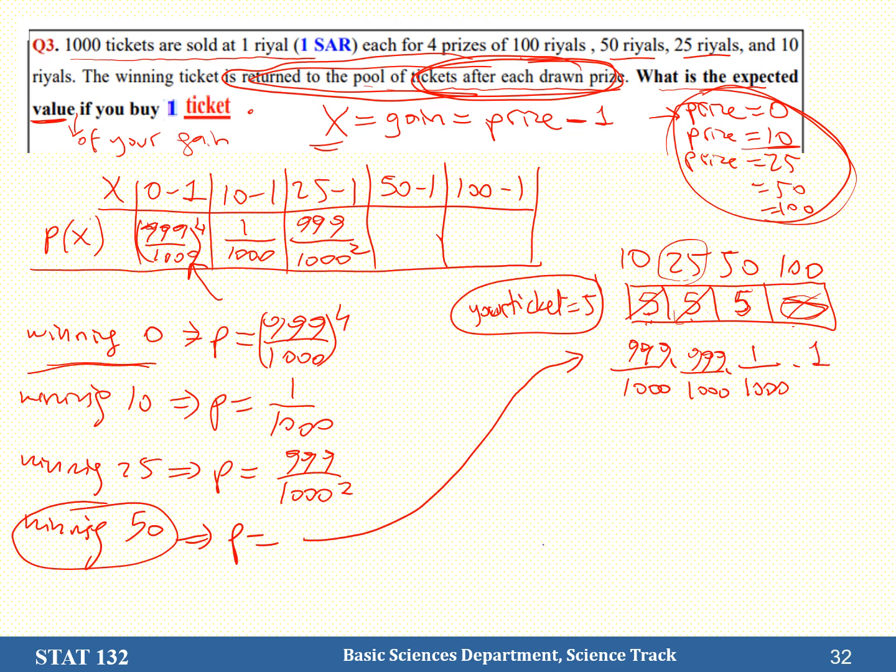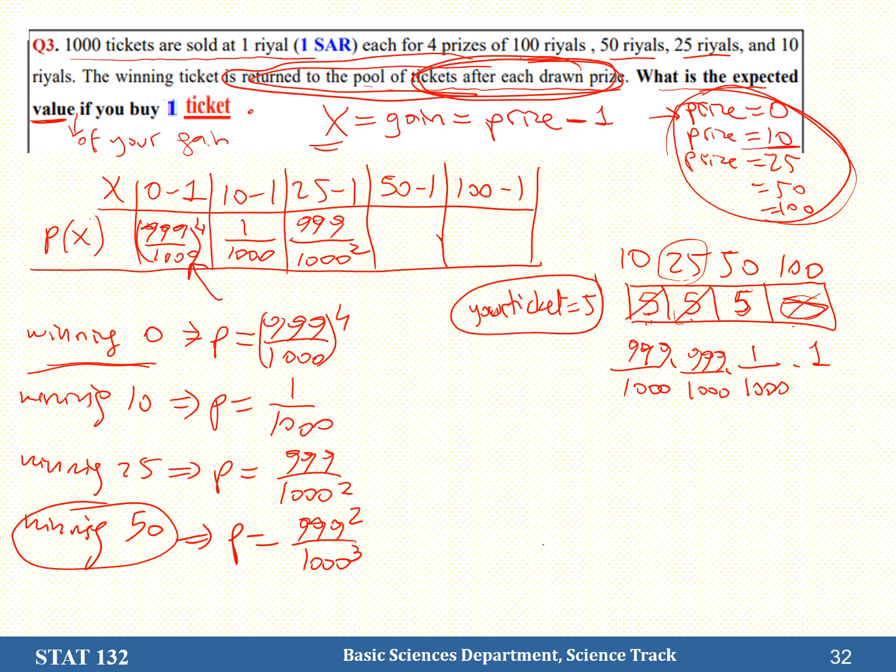So the probability for winning 50 is 999 squared divided by 1000 cubed.